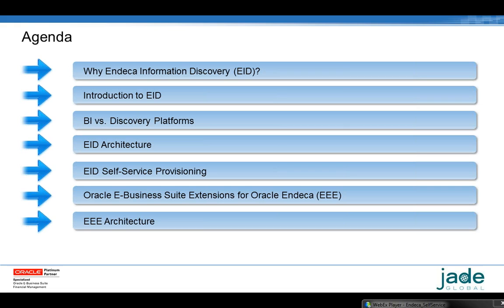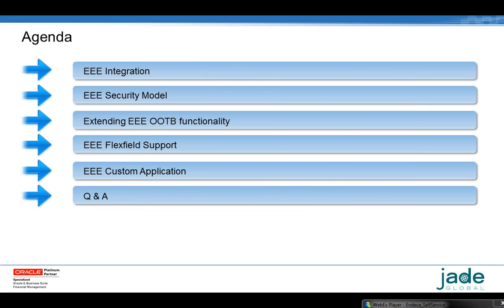Then we'll briefly go over EID architecture and EID self-service provisioning, and how the agile method of development helps in rapidly developing EID content. So far we talked about EID as a technology tool. Then if you start building applications or if you uptake any of the out-of-the-box applications, the Oracle EBS Extensions for Endeca, going forward we'll call it EEE, we'll briefly introduce what EEE is, what modules are available out of the box, what the architecture of EEE is, what the integration points between EBS and Endeca are, and what the security model is, how security works in EEE.